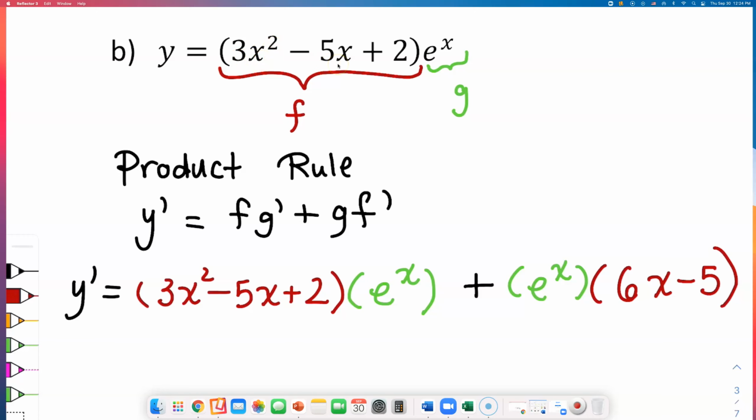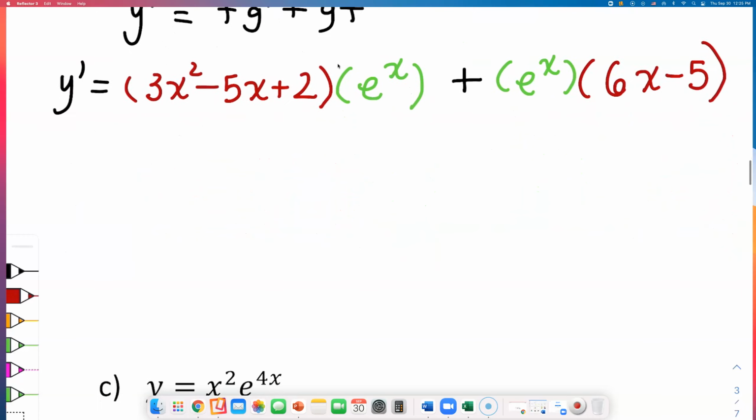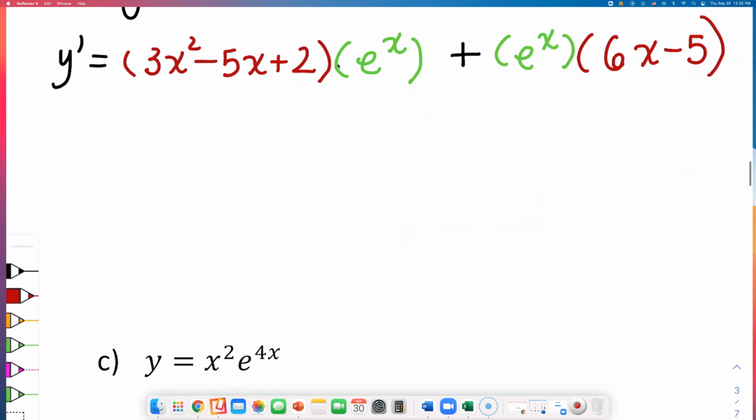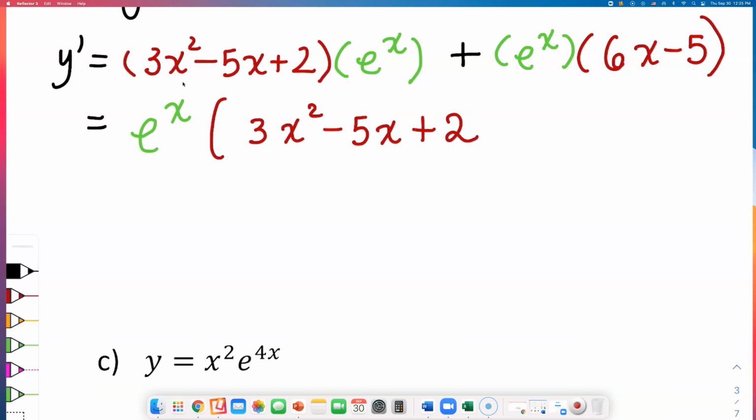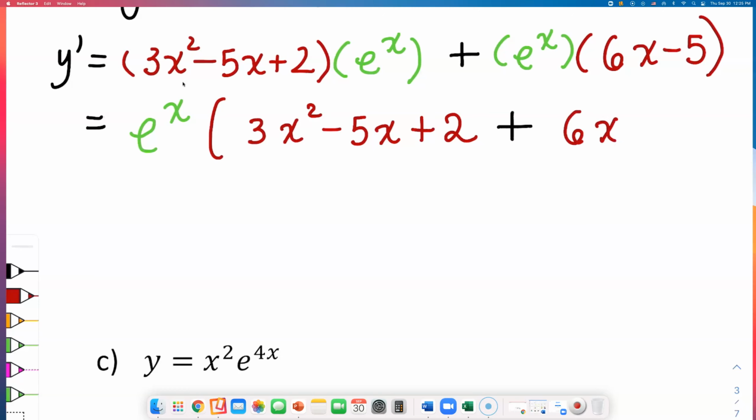6x minus 5, yup. Now I'll show you how you can simplify this. You notice that they both have e to the x power, right? Factor that out. Bring that e to the x out to the front. They both have it, so we will take it out as their greatest common factor. So what's left inside? I have 3x squared minus 5x plus 2, plus 6x minus 5 inside.